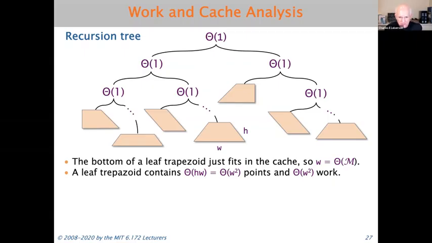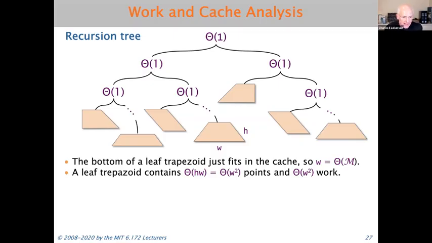Since we always cut the larger dimension, you end up getting down to something that has a bounded aspect ratio. So they're about the same size. Therefore, each leaf trapezoid contains theta W squared points.